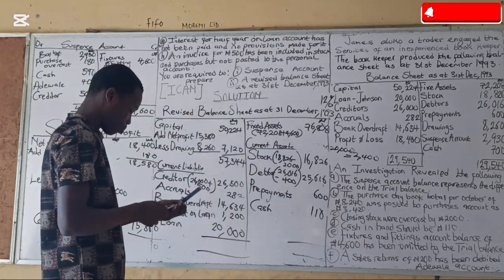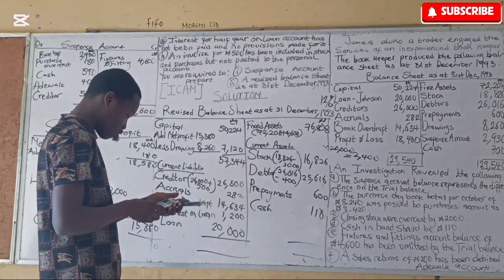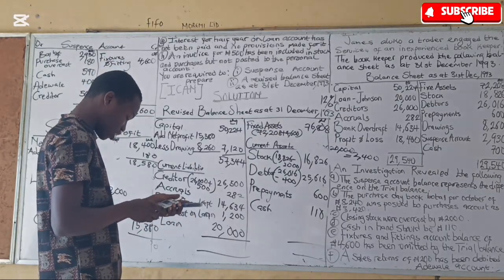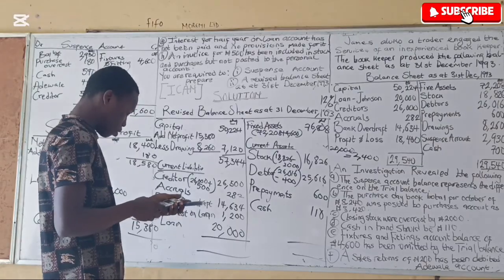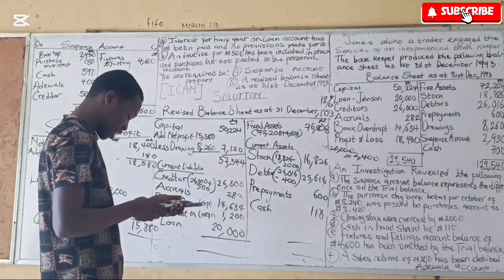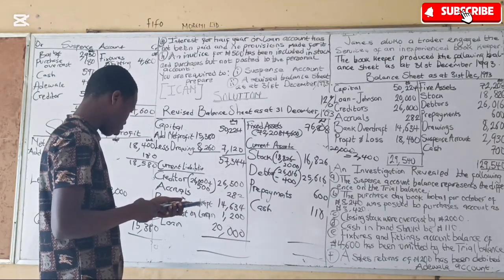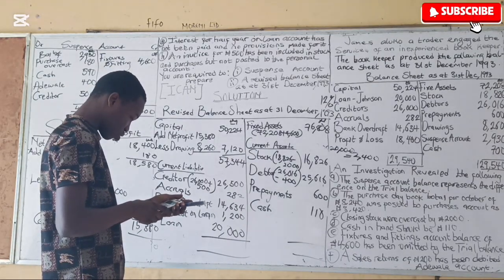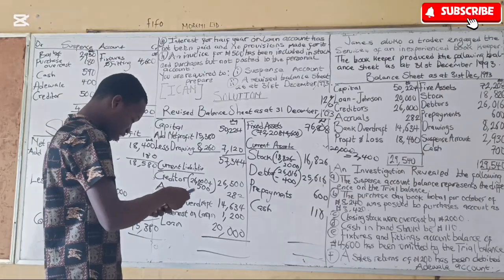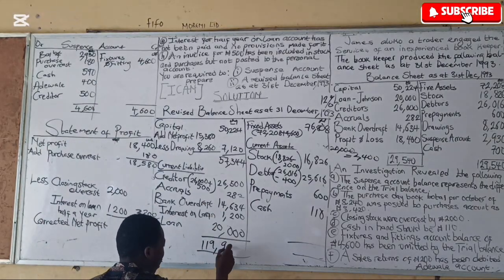Starting from the left hand side, we have 57,344 naira plus 26,500 naira plus 228 naira plus 14,634 naira plus 1,200 plus 20,000 naira. That gives 119,960.